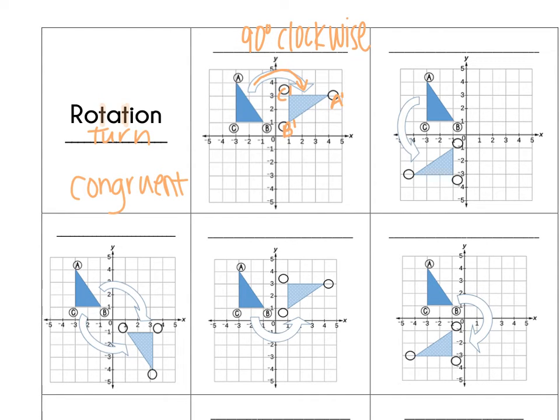And then this one is a 90-degree rotation, but it's going to be counterclockwise. You use that same notation, A prime. Make sure you're lining it up with the correct spot. C prime and then B prime.